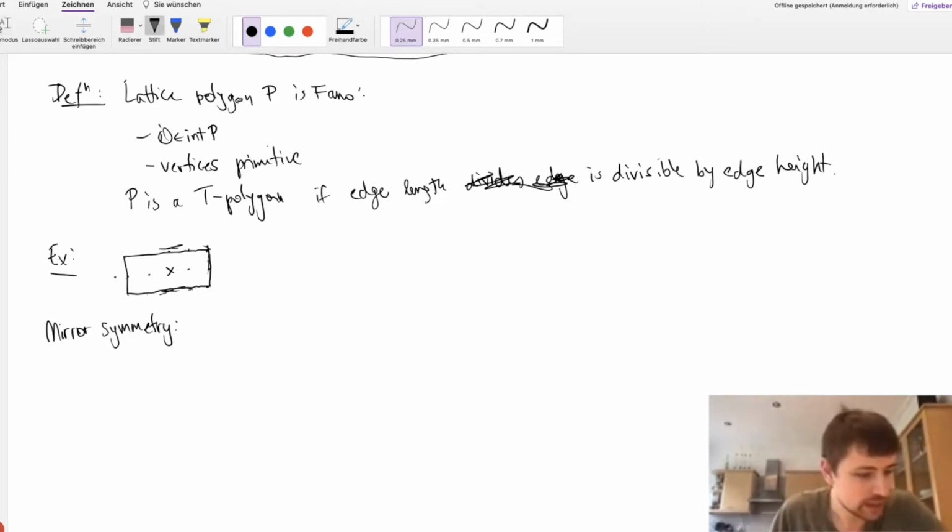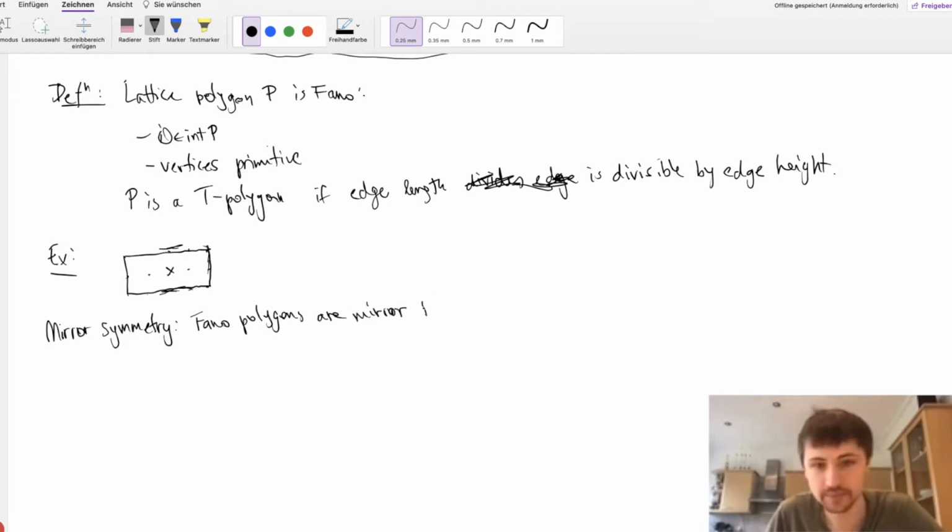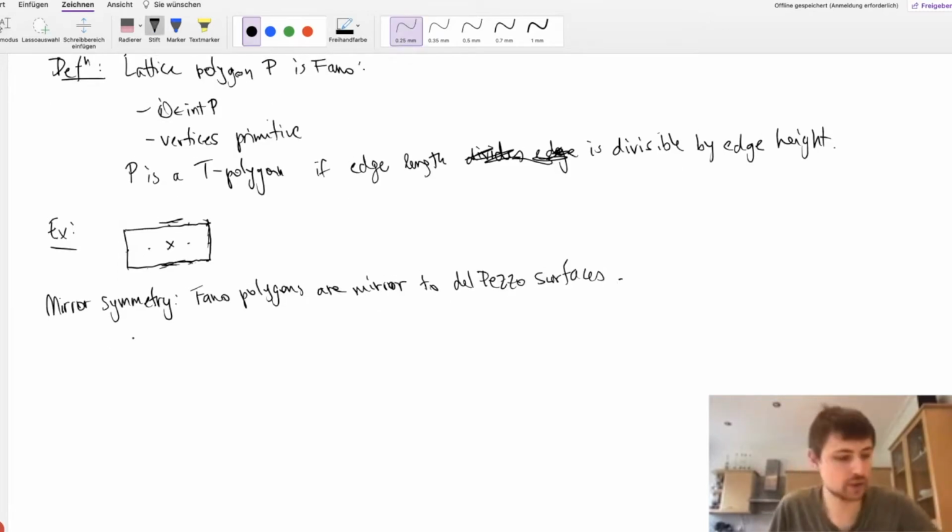Yeah, thank you. So what we expect is that Fano polygons are mirror to del Pezzo surfaces. And the conjecture goes as follows.